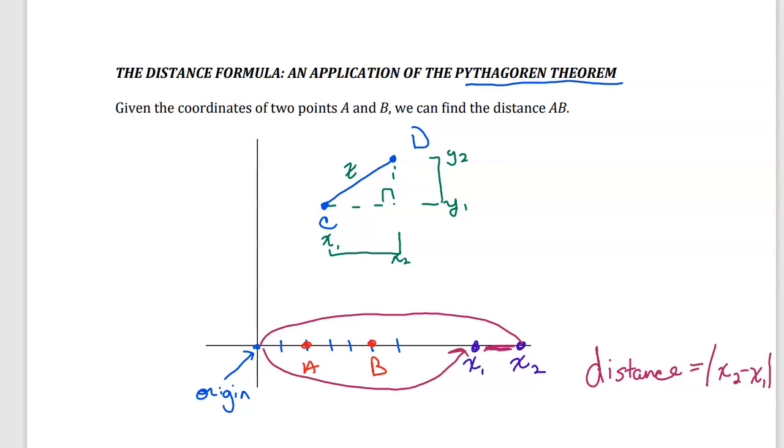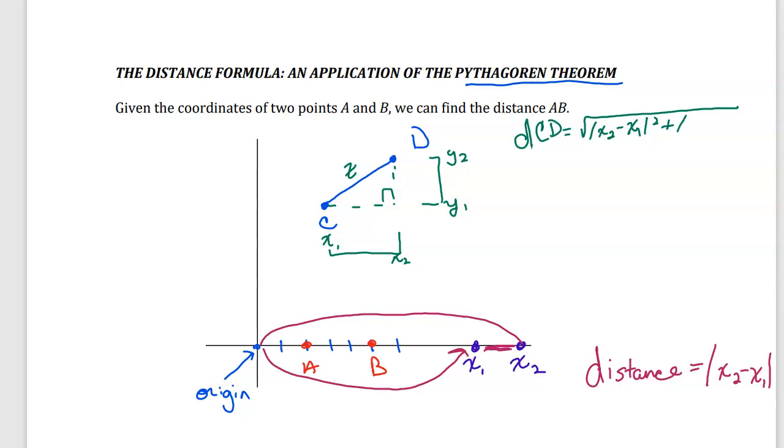Remember with the Pythagorean theorem, it's leg squared plus leg squared equals hypotenuse squared. Or we said the distance, in this case from C to D, is going to be the square root of the absolute value of x2 minus x1, squared, because it's this one, plus this one.